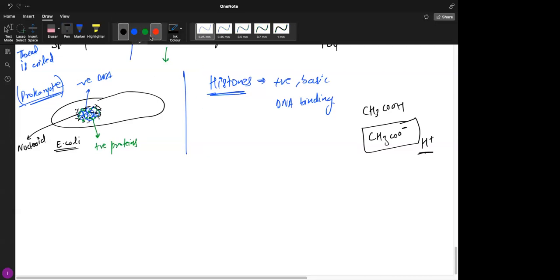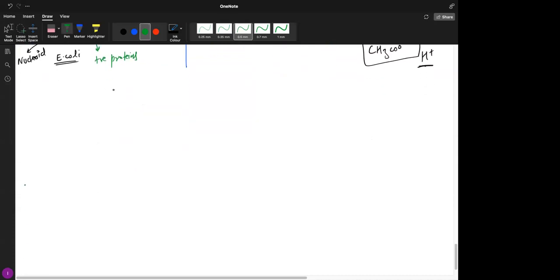So I'll just make a simplified diagram. Let's say this is a histone. Now histone is made up of 8 single units. So I'm making 4 here, and on the opposite side there are the other 4, right?